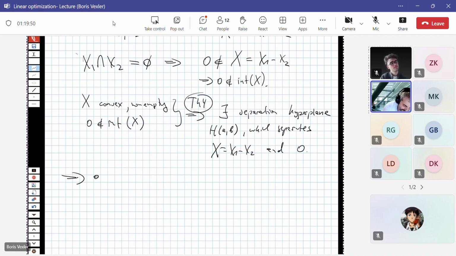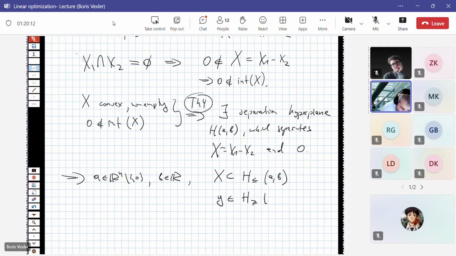It means that, okay, vector A is a vector in R^n, B is a number, and let's say X is a subset of H less or equal A B, and Y is an element of H larger or equal A B.